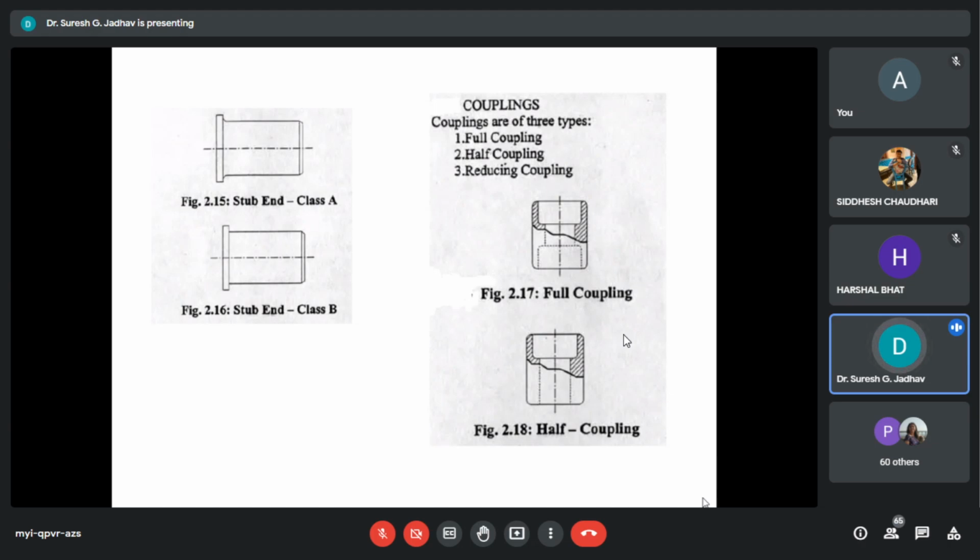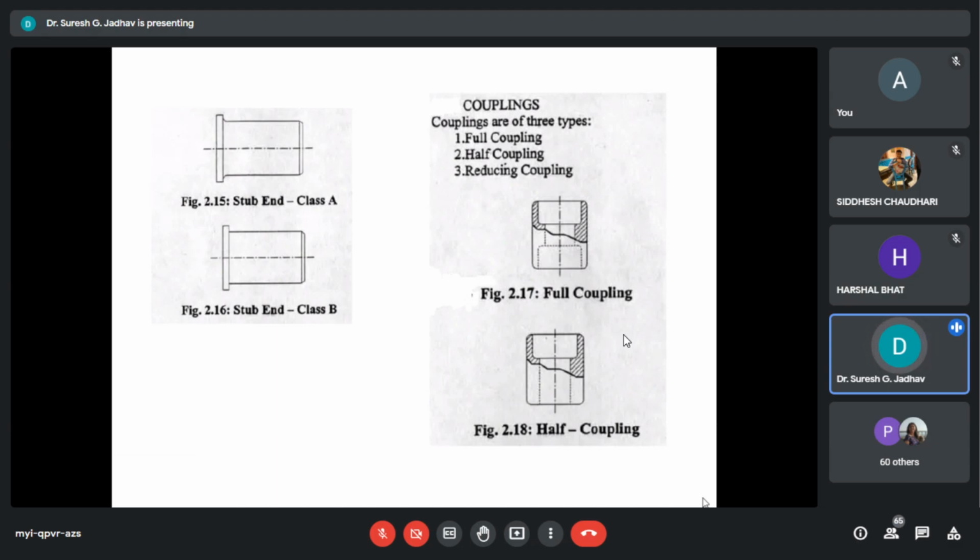ASME B16.9 specifies two types of stub ends: the long stub end and the short stub end.